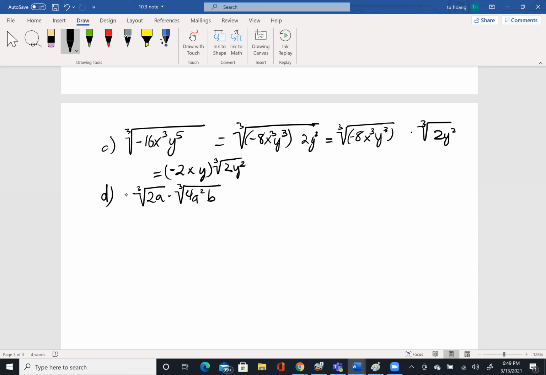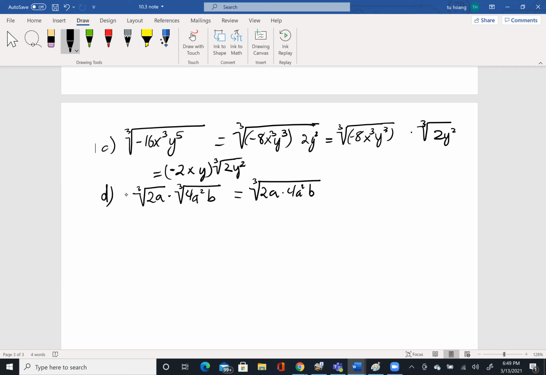So I'm going to apply the product rule to combine or multiply these radicals, because they have the same index of 3. So I have the cube root of 2a times 4a squared b.